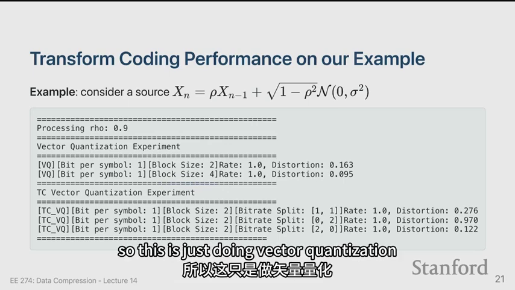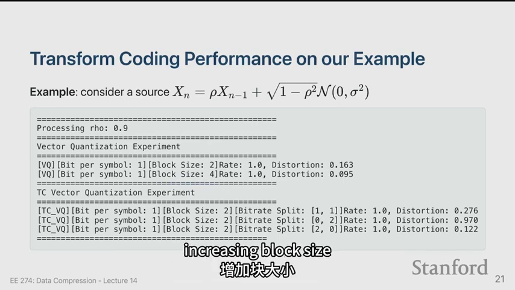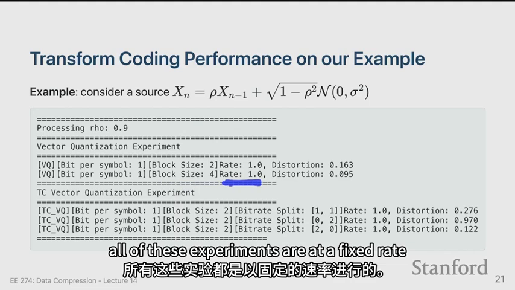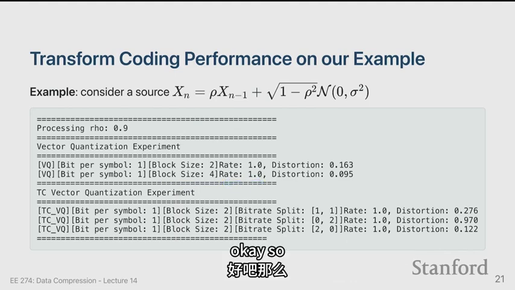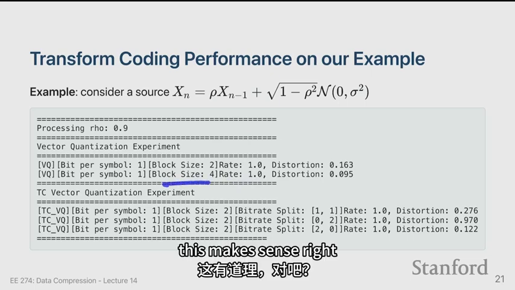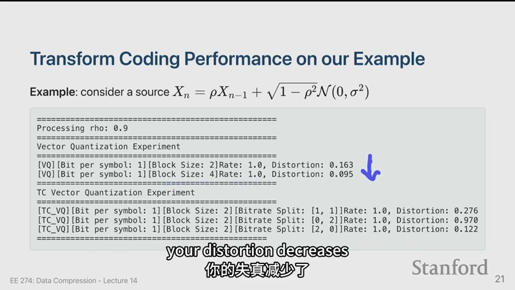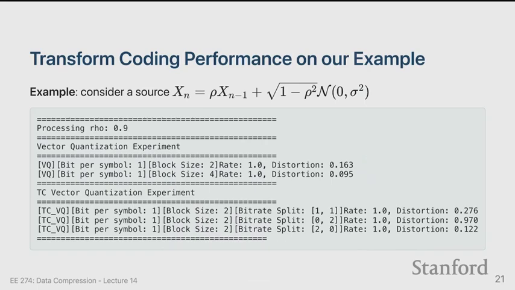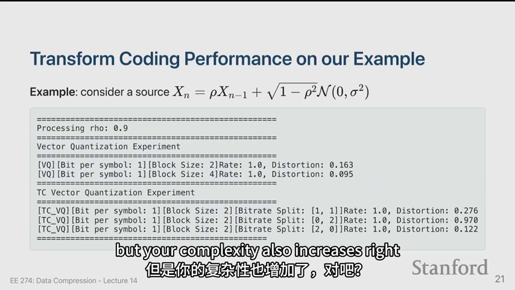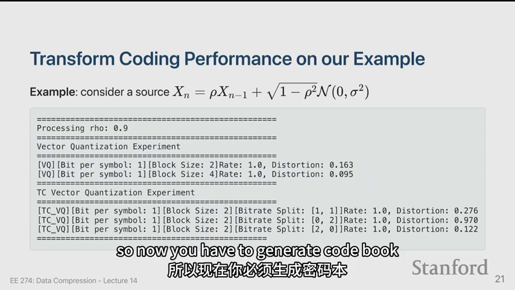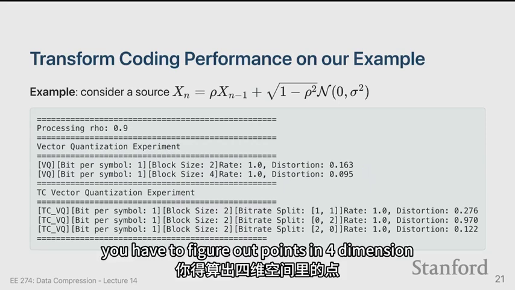This is just doing vector quantization, increasing block size, and all of these experiments are at a fixed rate. Obviously, as you increase the block size, your distortion decreases. Not surprising, but your complexity also increases. Now you have to generate a codebook in 4 dimensions; you have to figure out points in 4 dimensions.